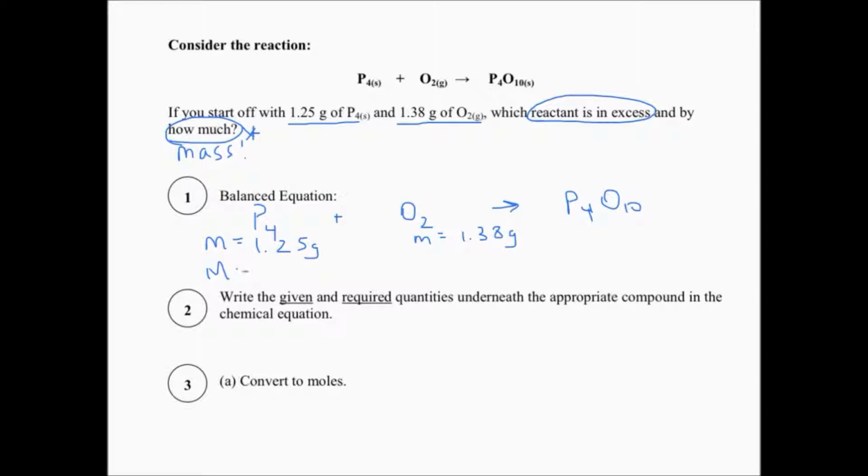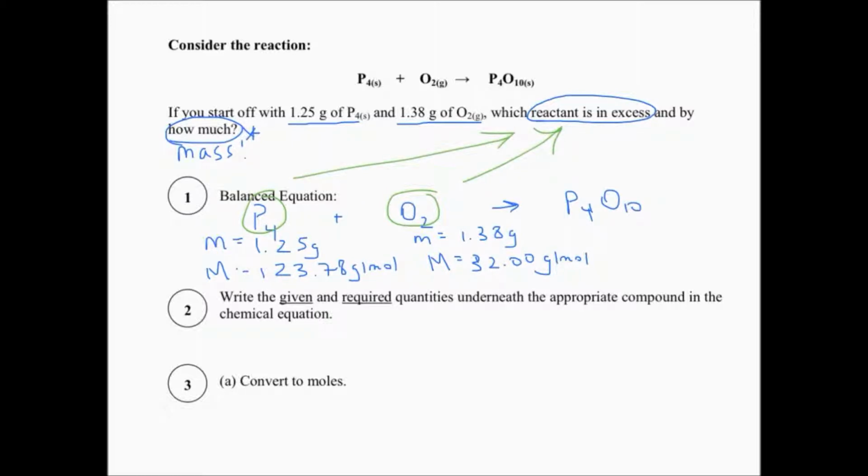The molar mass of phosphorus, if you multiply it by 4, is 123.78 grams per mole, and the molar mass of O2 is 32.00 grams per mole. Now we need to figure out which of these two will be the excess reactant.